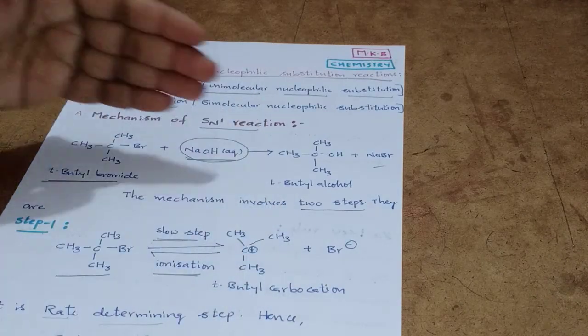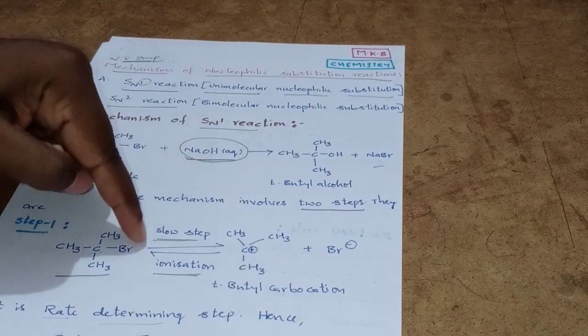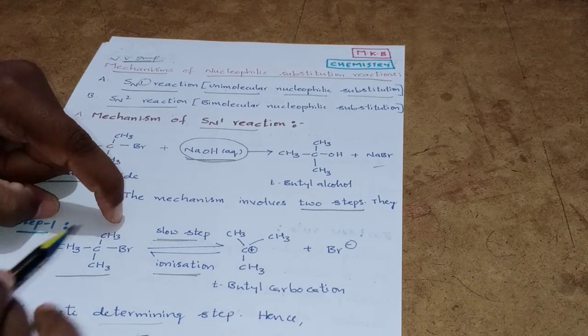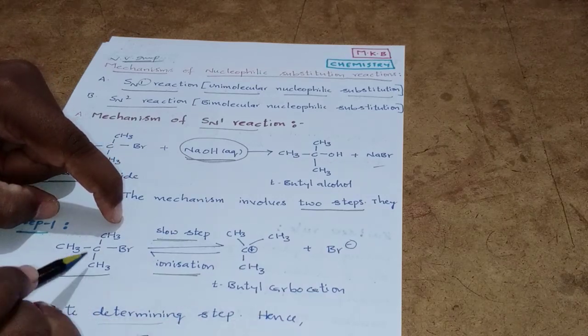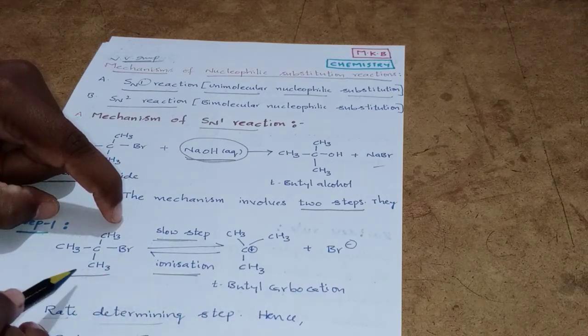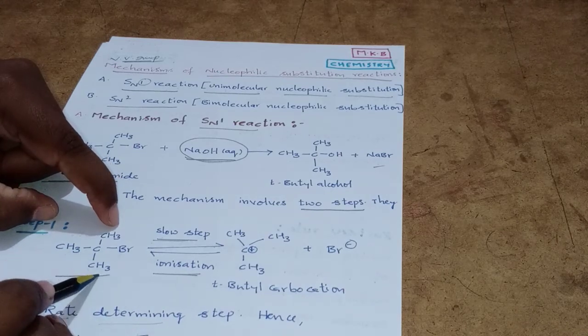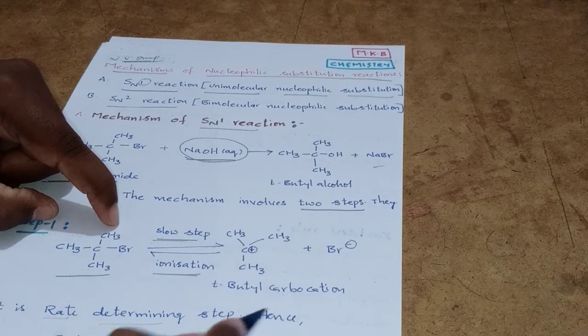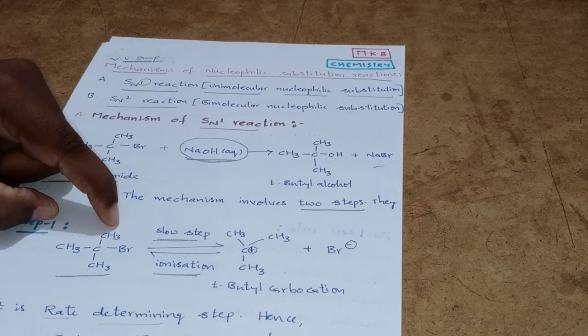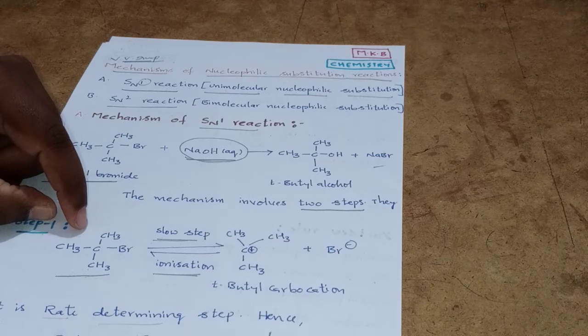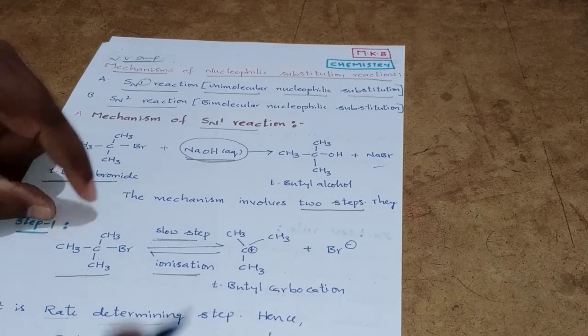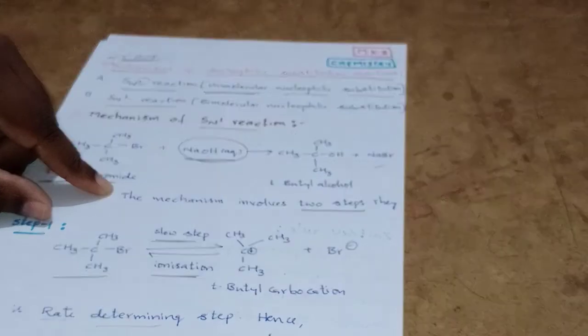So far I did not introduce the base in this step, only the alkyl halide, so the rate depends on only the concentration of alkyl halide. The power of this concentration is 1 here, so the order is equal to 1. And as the rate depends on only alkyl halide, it is unimolecular.